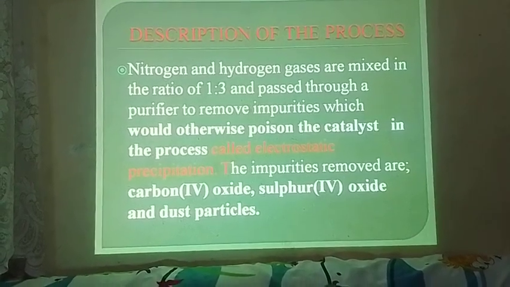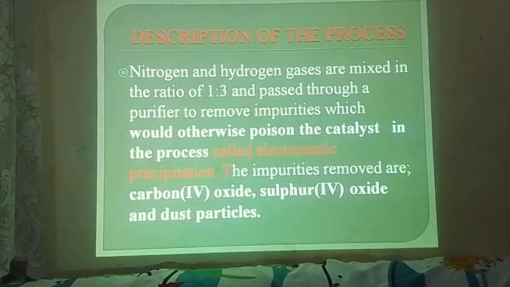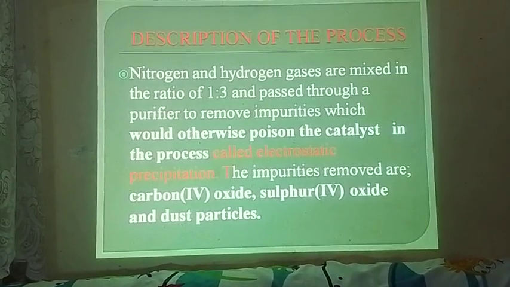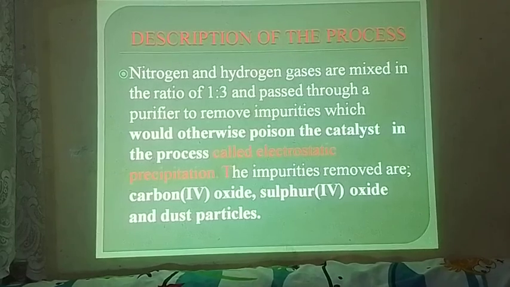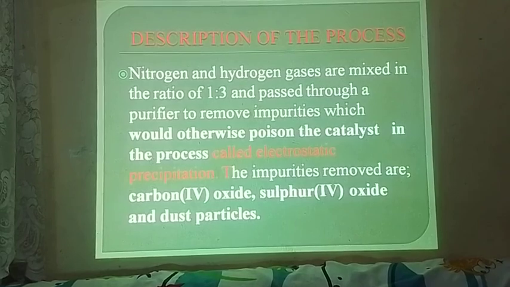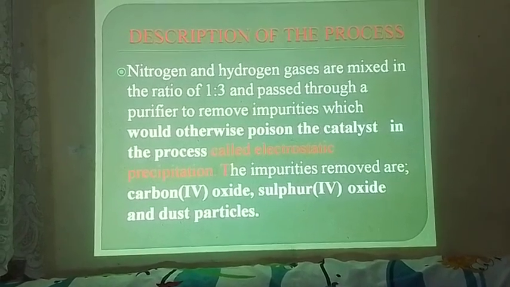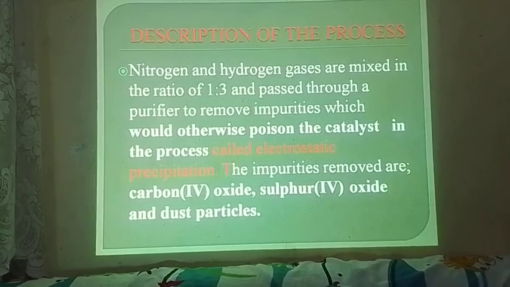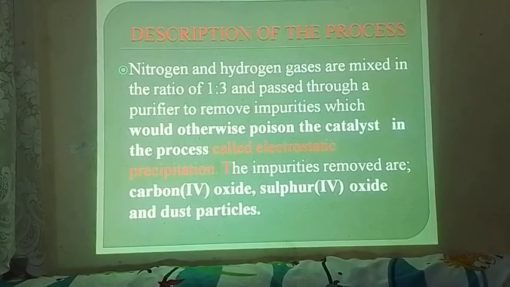So they are passed through a purifier. Then the reason is just to remove the impurities, and these impurities, if they are not removed, then they are going to poison the catalyst which is going to be used in the process.